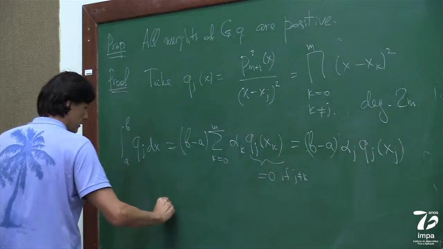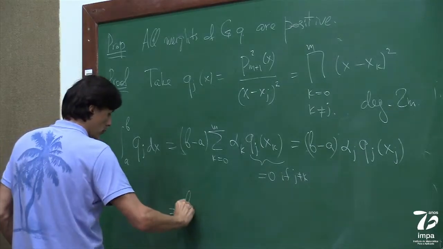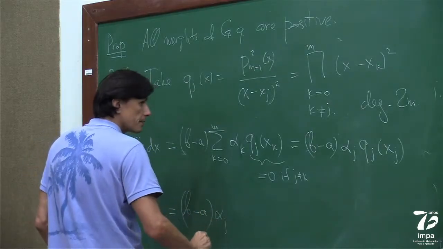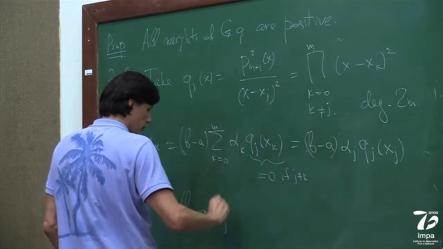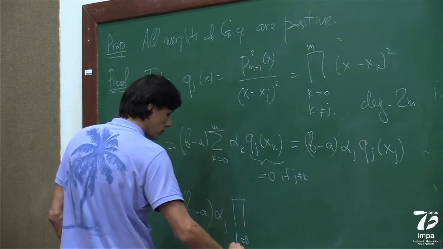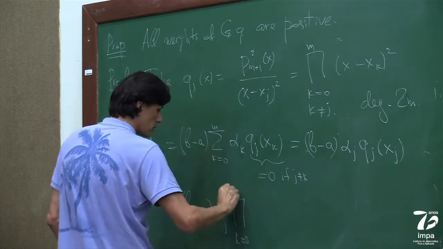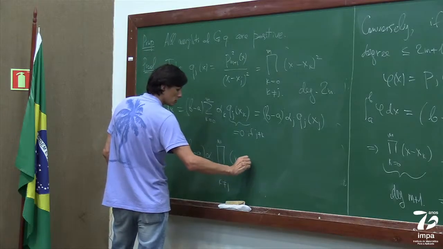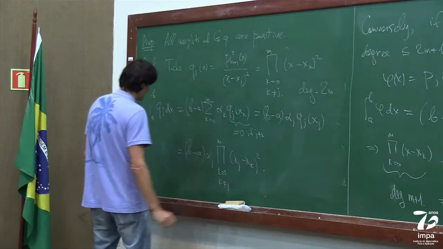So it is equal to b minus a, alpha j and this product, squared.